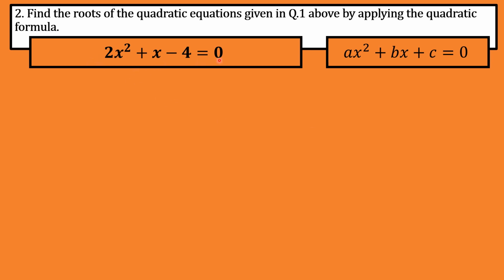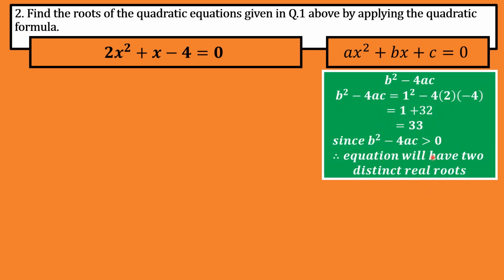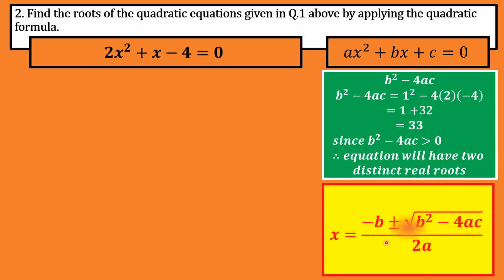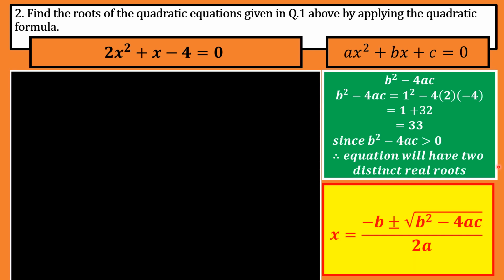2x square plus x minus 4 is equal to 0. So let's first check the nature of the roots. The discriminant comes up as 33, right? It means it will have two distinct roots, and the formula is x is equal to minus b plus minus under root discriminant upon 2a. So just replace b, a, c with 1, 2, minus 4.